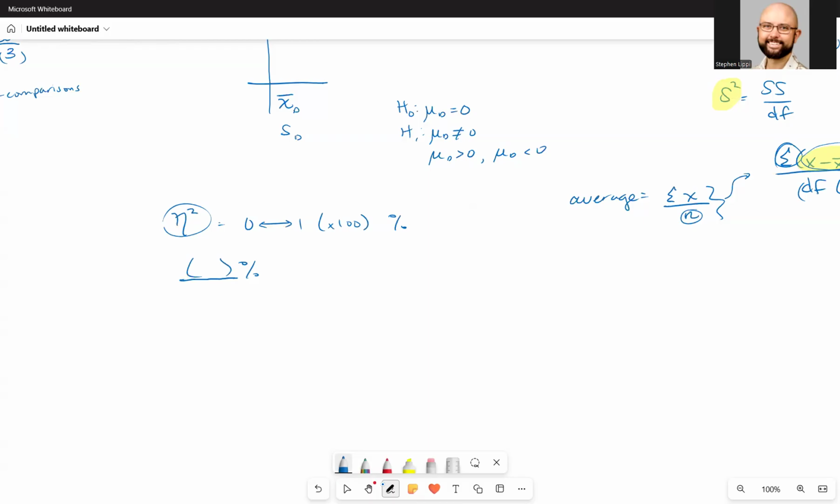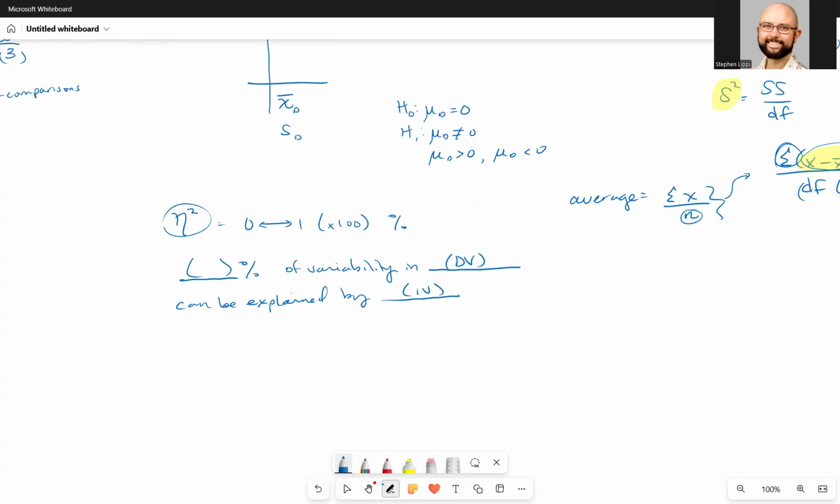And we can say that percent of variability or variance in our DV, in what we're measuring, can be explained by our independent variable.